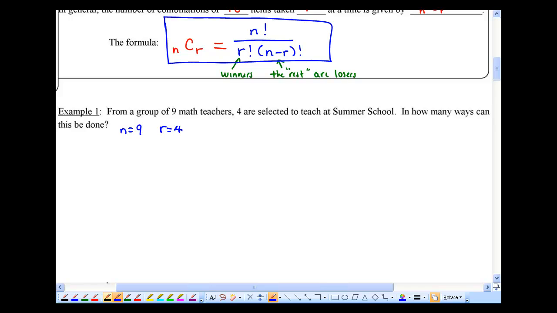So if you use that idea of nCr, because order doesn't matter here, equaling n factorial over r factorial times n minus r factorial, that means we have 9 choosing 4. So that's 9 factorial over 4 factorial times 9 minus 4 factorial, which is just 5 factorial, right? 4 winners means there's 5 losers. We're going to calculate this by hand.